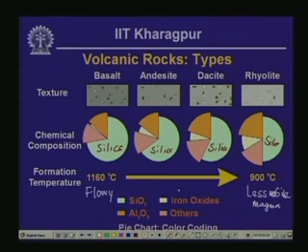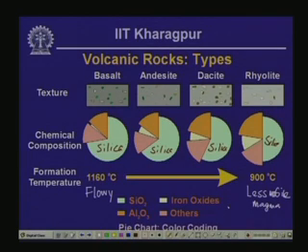and the other chemical constituents of these magmas are also indicated, also color coded. So, you should notice the color code at the bottom of this particular slide here. The orange shade indicates alumina, whereas the light yellow or off white color indicates oxides of iron, ferric iron or ferrous iron.